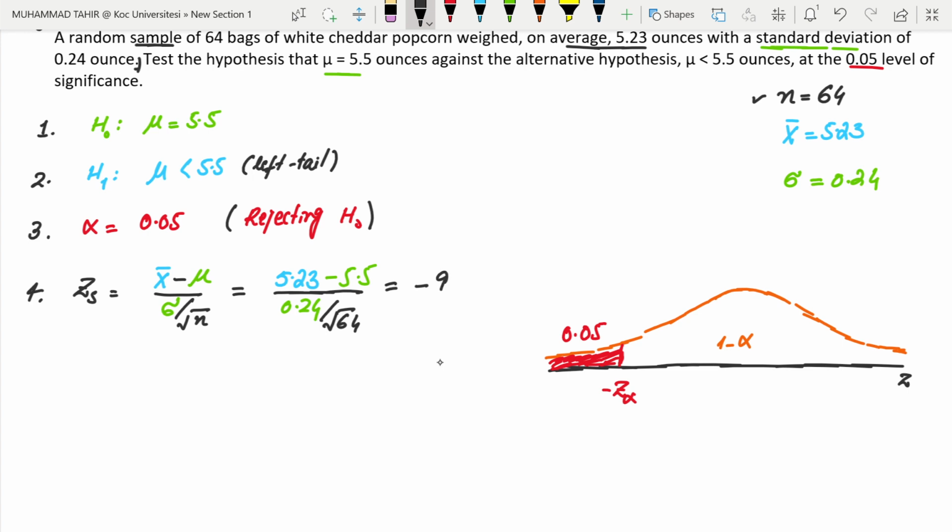And the fifth and most important step in the p-value test is to calculate the p-value. Remember, the p-value is the probability of accepting the null hypothesis.